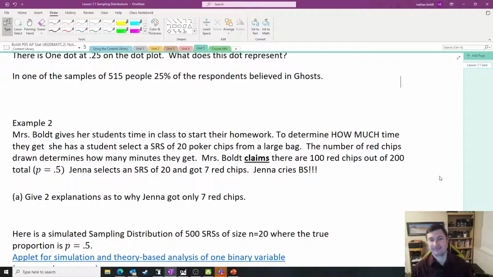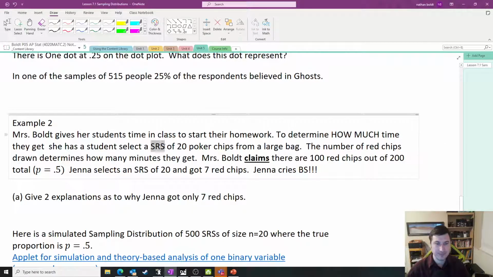I don't know. To determine how much time they get, she has a student select a simple random sample, remember SRS, simple random sample, of 20 poker chips from a large bag. The number of red chips determines how many minutes they get.